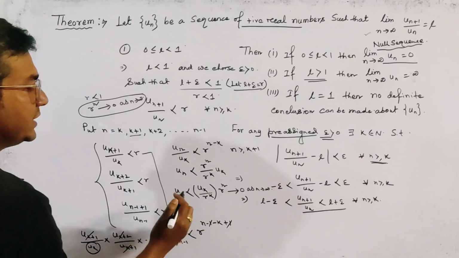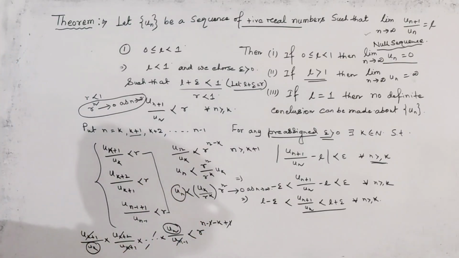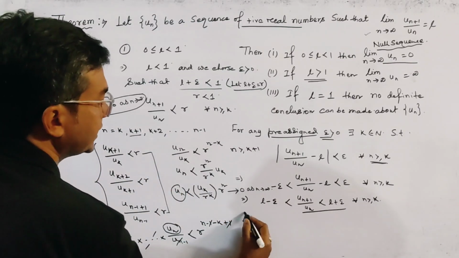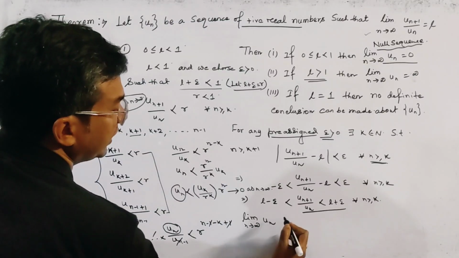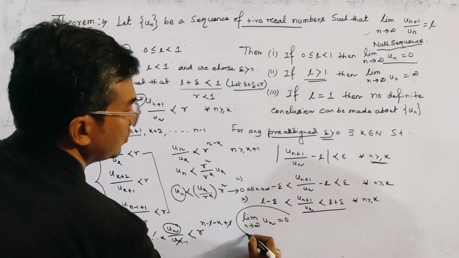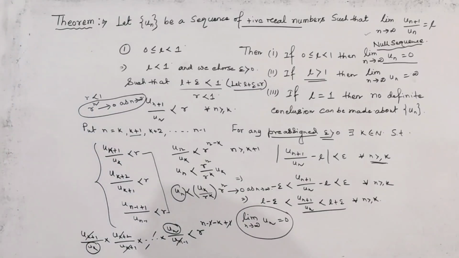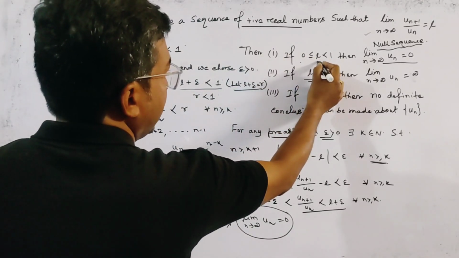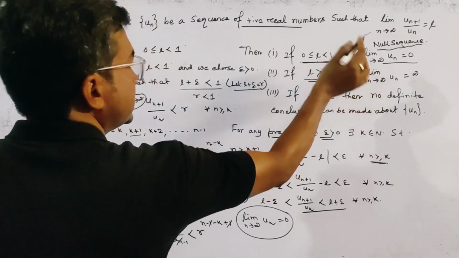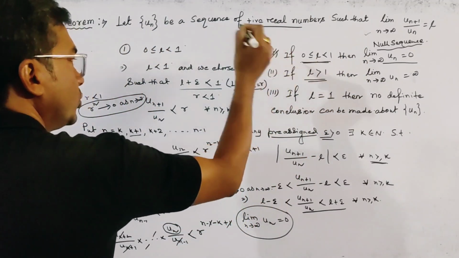Okay, but on the right side there is un, so we get the result that limit n tends to infinity un is equal to 0. Okay, so we proved the first case, if 0 less equal to L less than 1. This is the case and we proved it here.